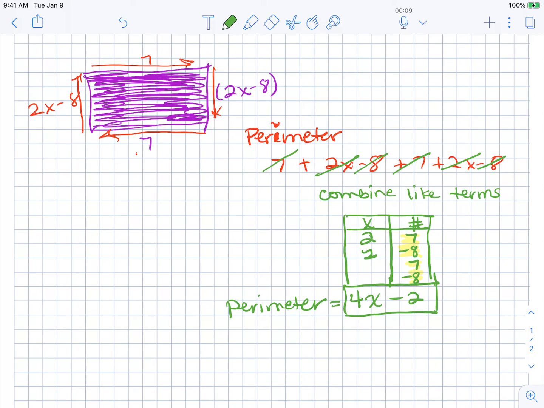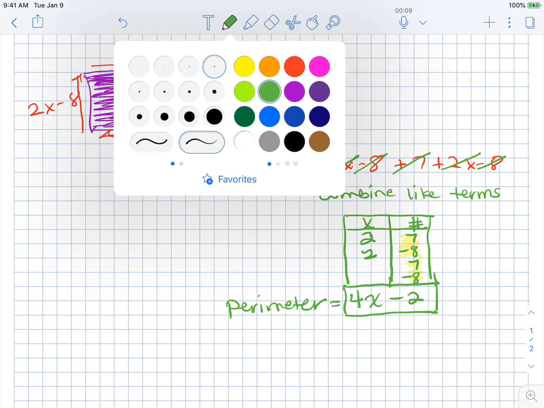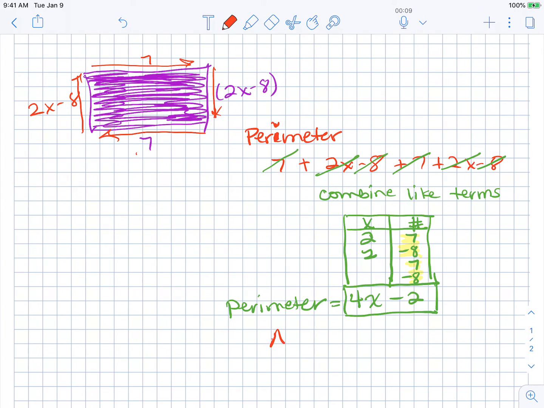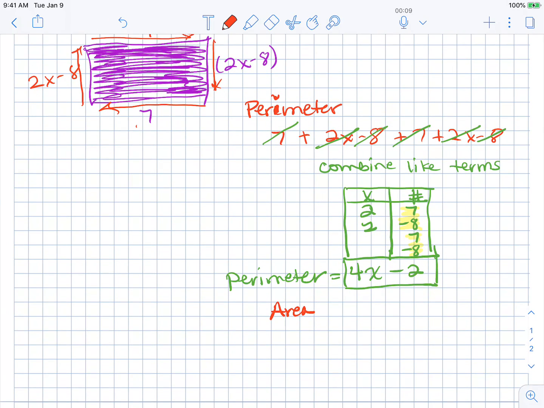Okay, well, what if I use the same grid and I want to find my area? Well, my area is to multiply the 2 dimensions that were given. So they gave me this dimension of 2x minus 8, and they gave me this dimension of 7. So I'm going to take my 7 and my 2x minus 8, and I'm going to multiply them together.